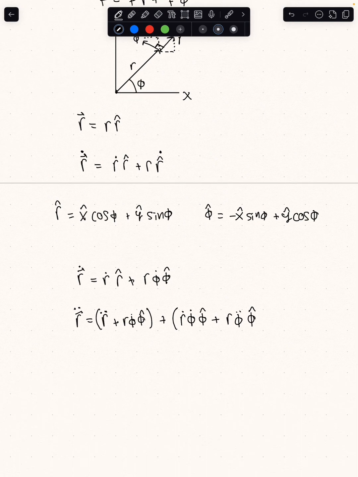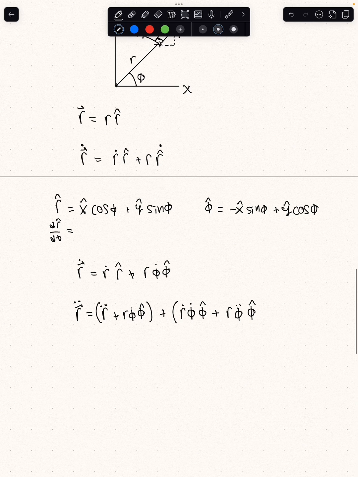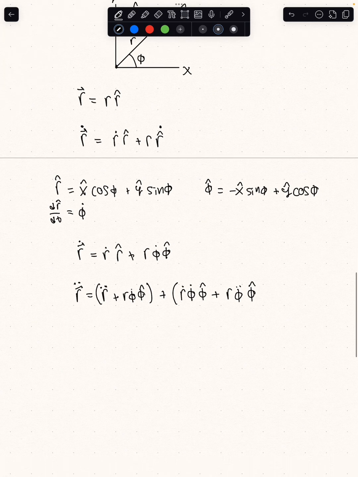And doing the derivatives of these, we'll do d r hat dt. You pull out the phi dot, right? Derivative of the stuff on the outside times the derivative of the stuff on the inside.